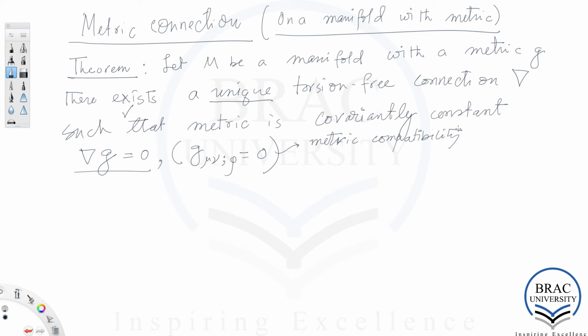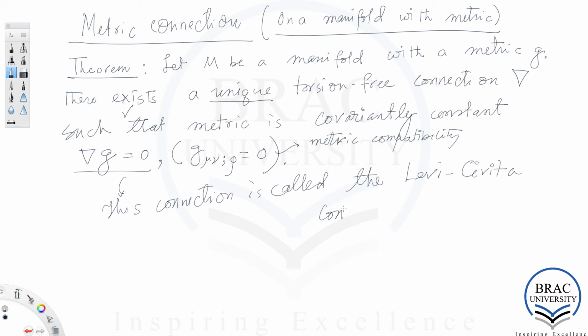So let M be a manifold with a metric g. There exists a unique torsion-free connection nabla such that the metric is covariantly constant. And this connection has a name, it is called the Levi-Civita connection.